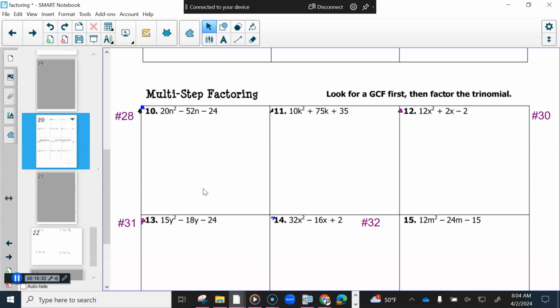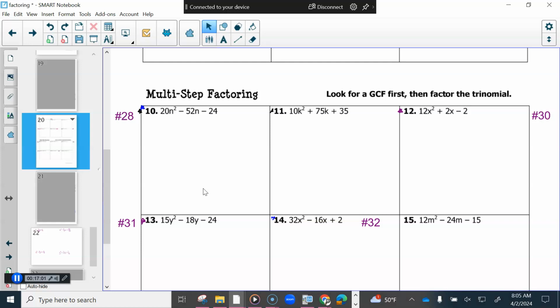Maybe you don't know all the factors of 52, but you could find the factors of 20 and 24. Pick maybe a higher one. You know 5 is not going to work, but 4 might. Start dividing each of these by 4, and if they all give you whole numbers, then that would work. So the GCF is 4. We're going to divide each of these by 4 and see what's left.